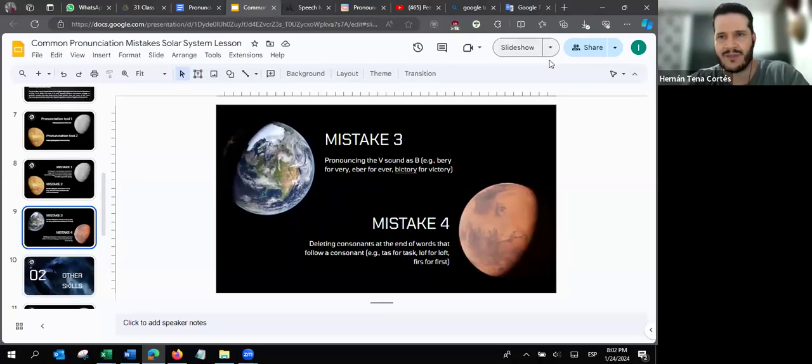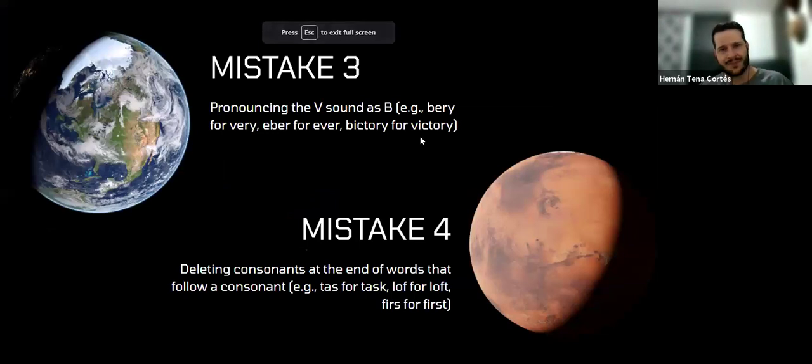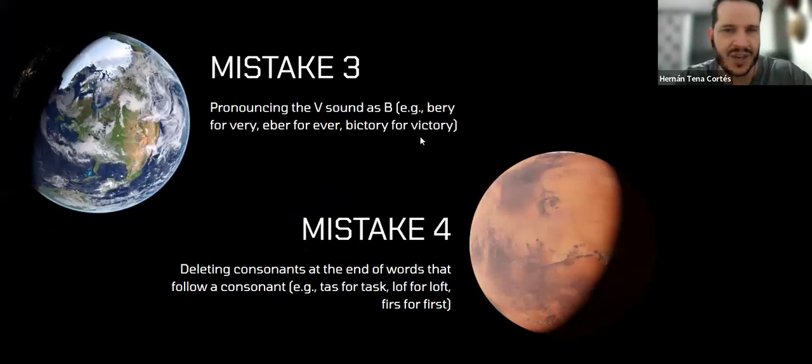All right, guys, let's continue. So we looked at some of the most common mistakes, especially 2 of them. Let's take a look at some more because we can't stop, of course not. Another mistake that is very common for Spanish speakers when they are learning English is the pronunciation of the letter V. For example, instead of pronouncing very, they say very.